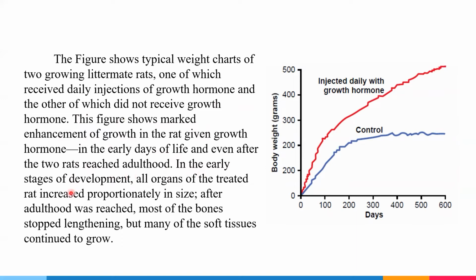In the early stages of development, all organs of the treated rat increased proportionately in size. After adulthood was reached, many of the bones stopped lengthening, but many of the soft tissues continued to grow, which is why we see a continued rise in body weight.